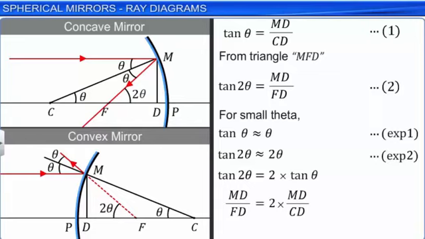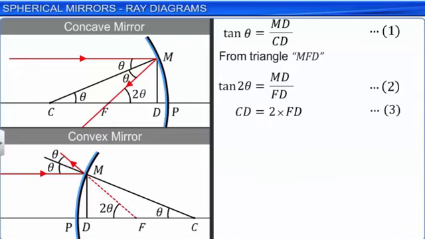For paraxial rays, the two points P and D are very close to each other, and hence we can assume that CD is equal to CP and FD is equal to FP. Therefore, CP is equal to 2 into FP. This equation can also be written as PC is equal to 2 into PF.